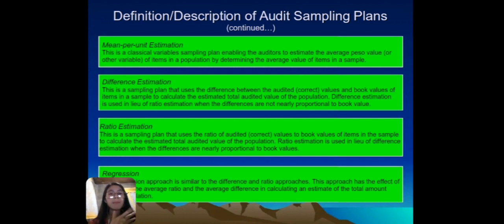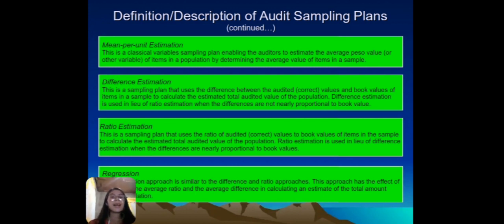This is a sampling plan that uses the difference between the audited or correct values and book values of the items in the sample to calculate the estimated total audited value of the population. The difference estimation is used in lieu of ratio estimation when the differences are not nearly proportional to book value.